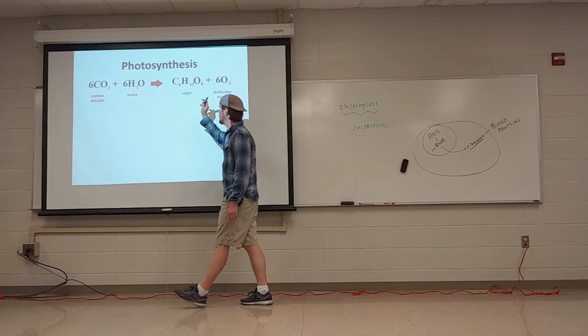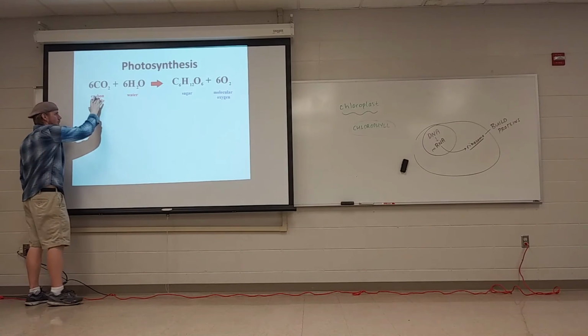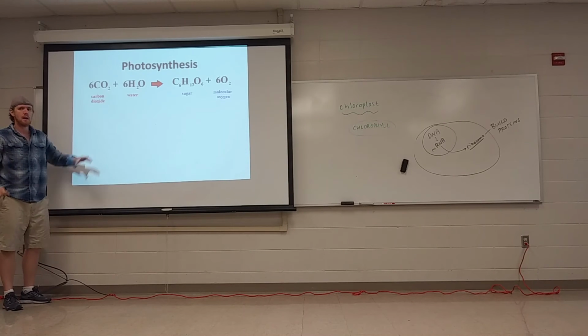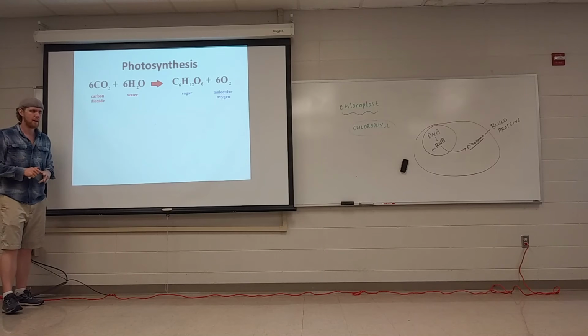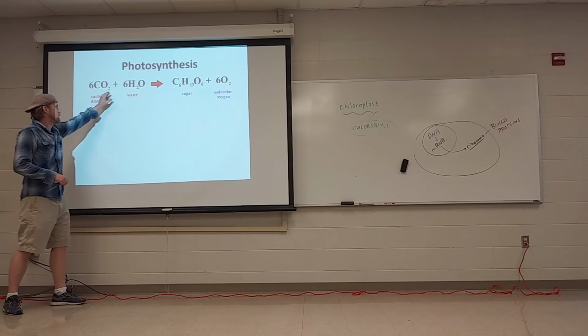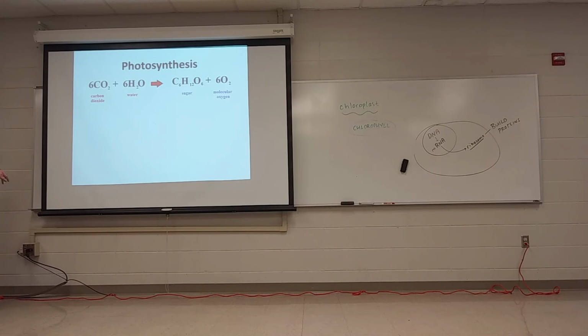So here we go. This is a chemical reaction. Our reactants are what we start with. Carbon dioxide, it is in the air, it is in the atmosphere surrounding all of these plants and other autotrophs. Of course, you need water. Whenever I try and have a garden or grow anything, I usually forget to water it. That's why most of my plants end up dying.